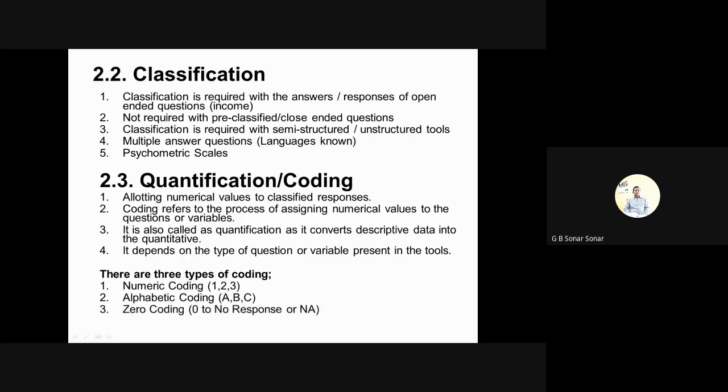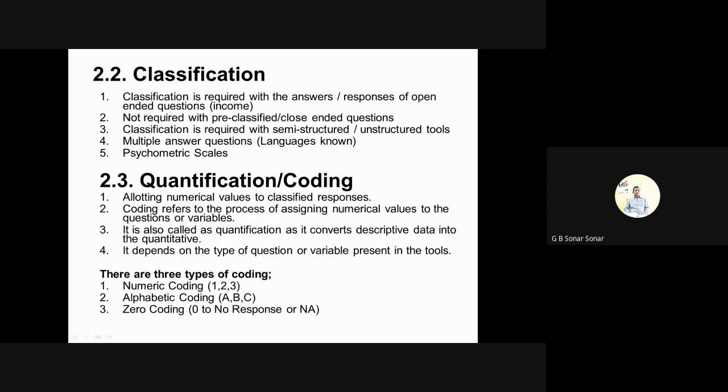Zero coding. There is something called zero coding. It is given to the questions to which the respondents have not answered or not given any responses, or the questions not applicable. So there will be some questions in the research tool which will not be applicable. For example, just now I was giving an example. If question number 10 is, are you married?